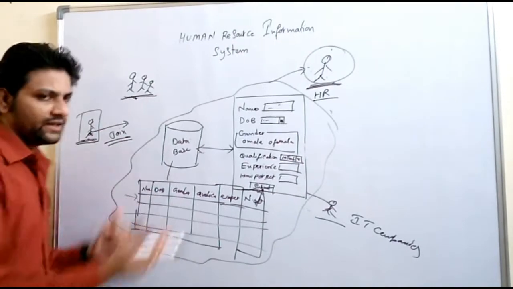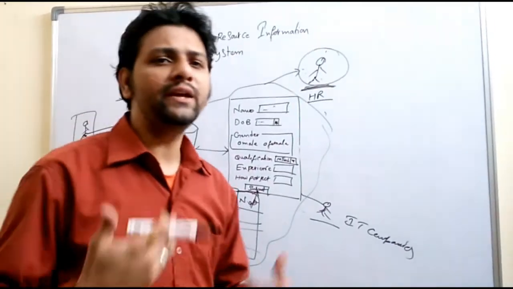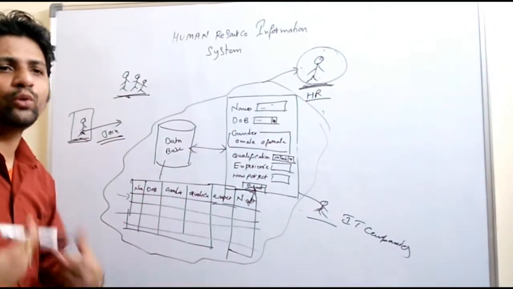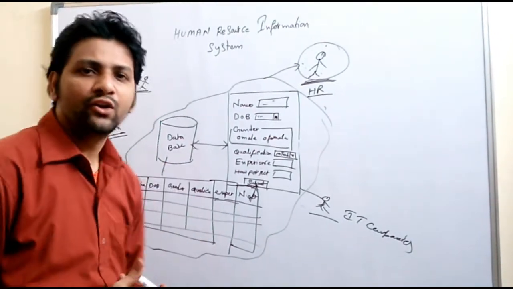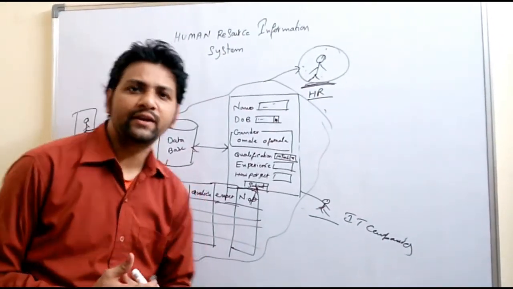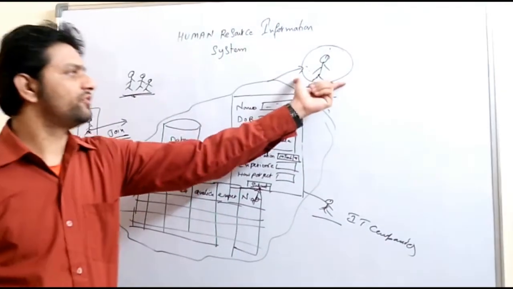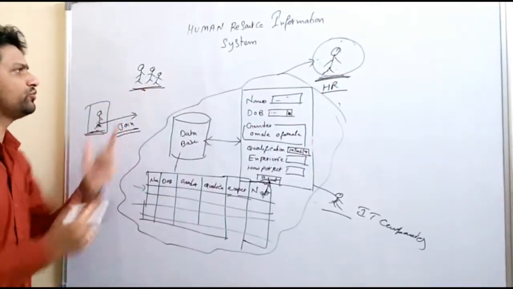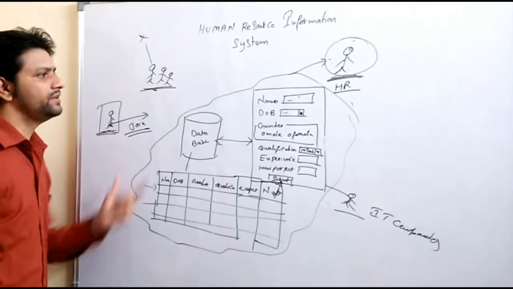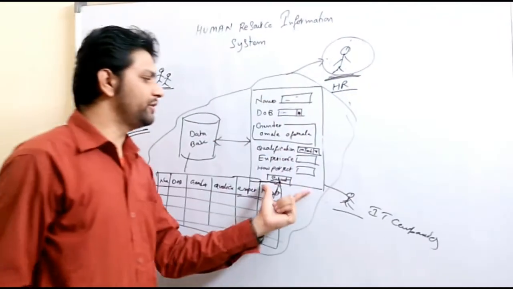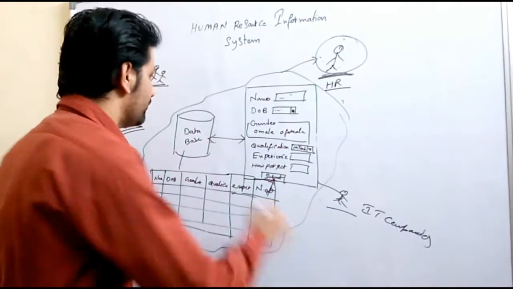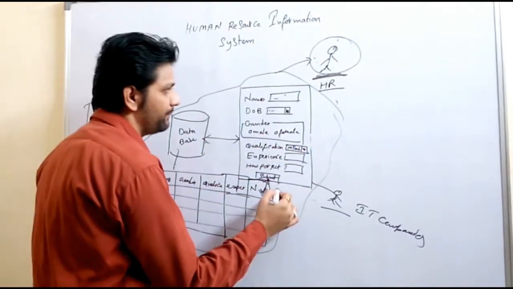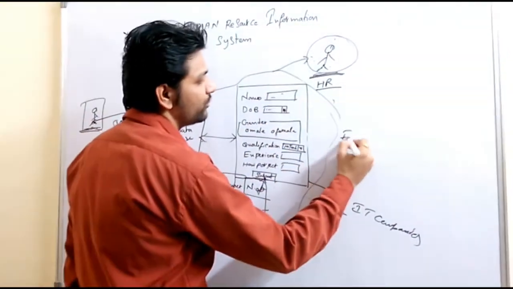Not only this, there will be many attributes and many kinds of tables. All the details are stored, retrieved, manipulated and managed by the HR. For example, if any employee leaves the company, the details are deleted using his employee ID, because whenever he enters the company, an employee ID is generated.